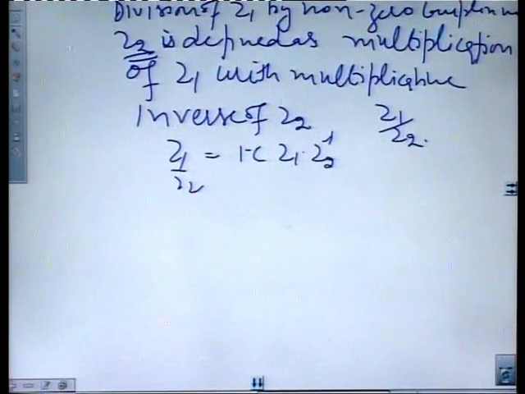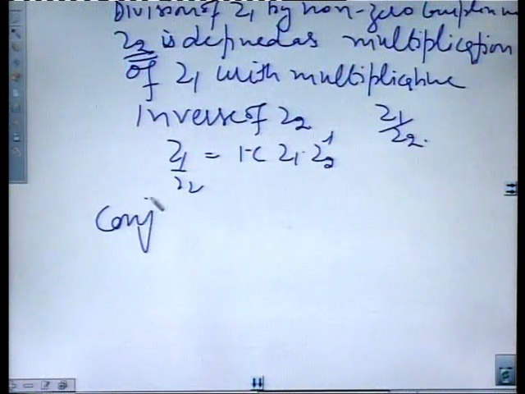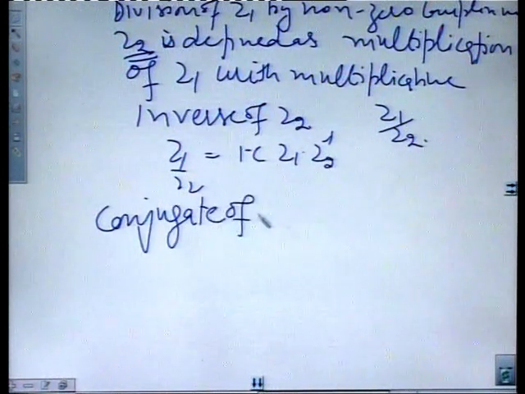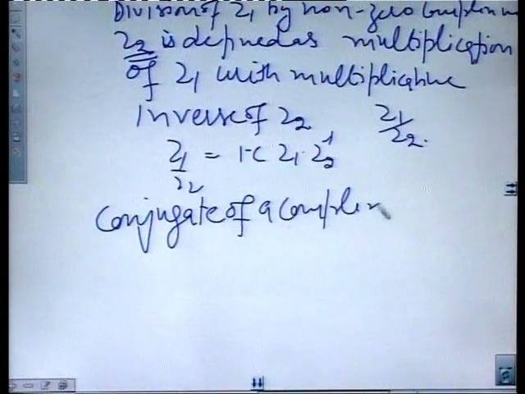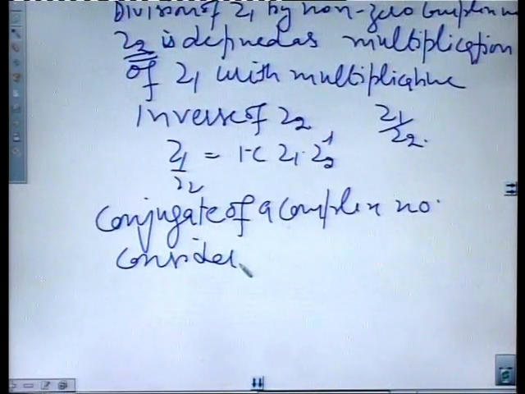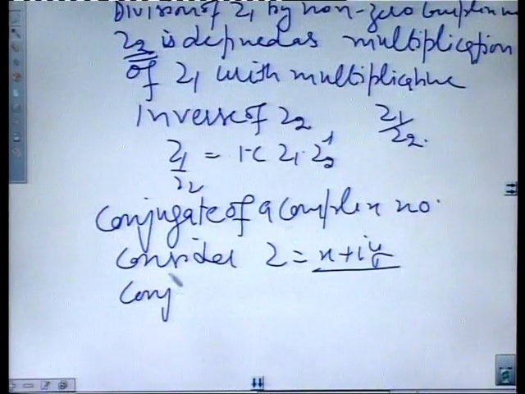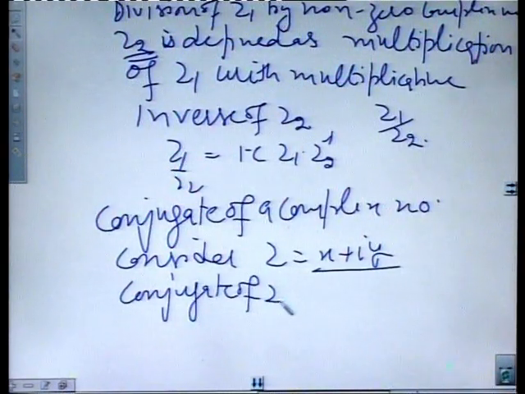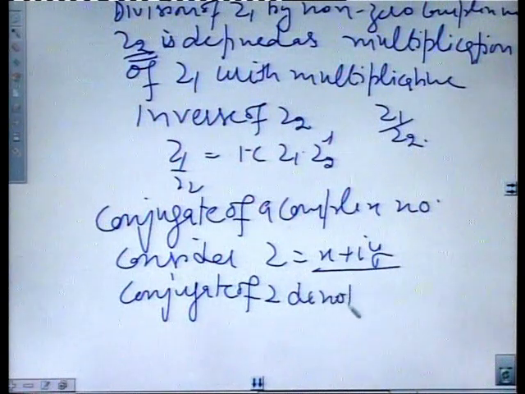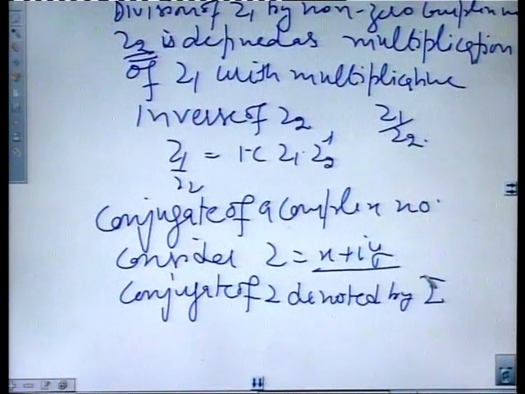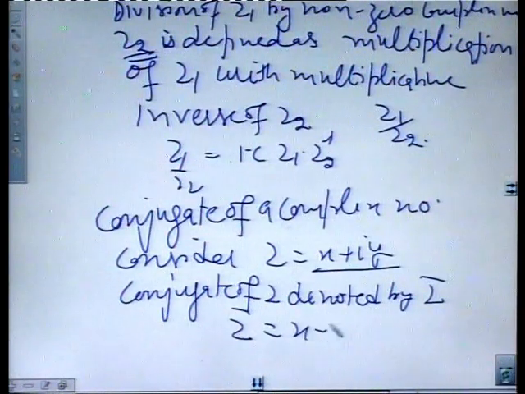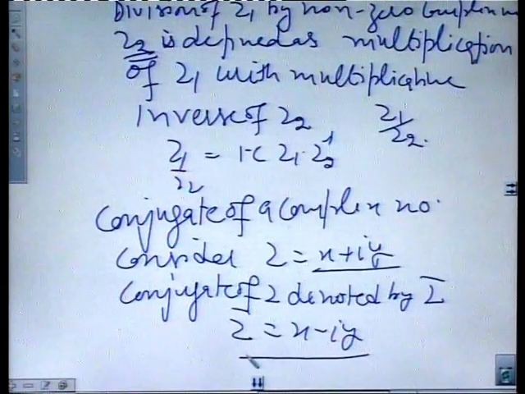Now, next is conjugate of a complex number. Consider a complex number x plus iota y, then the conjugate of z, denoted by z bar, is z bar equal to x minus iota y.